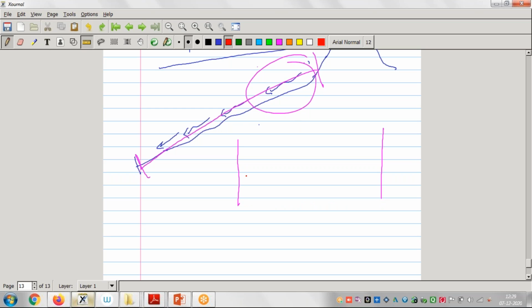So this is the datum line, and I say that the river is flowing. This is the bed of the river, right? This is the bed of the river, and here this is the river actually. This river is flowing.